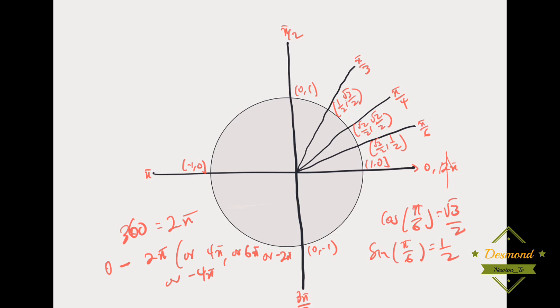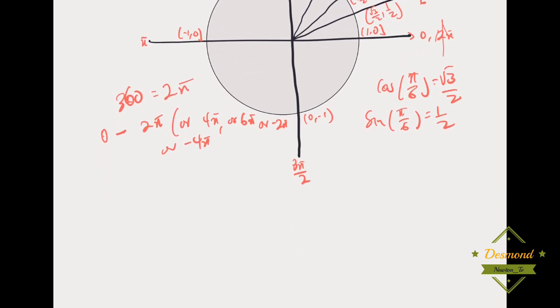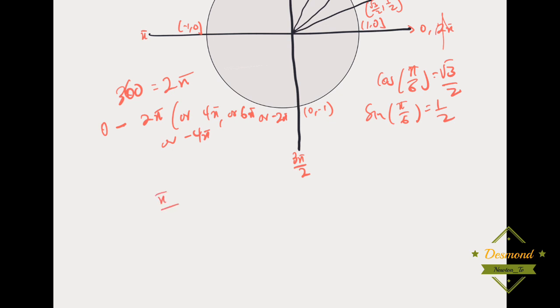Likewise, let's take the angle pi on 6. It can also be any of the following angles. Pi on 6 plus 2 pi is equal to 13 pi on 6.